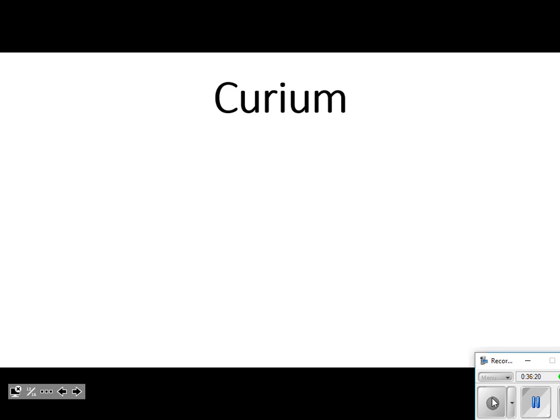All right, curium. We've got element number 96. Okay? So follow along with me. 1s2, 2s2, 2p6, 3s2, 3p6, 4s2, 3d10, 4p6, 5s2, 4d10, 5p6, 6s2.